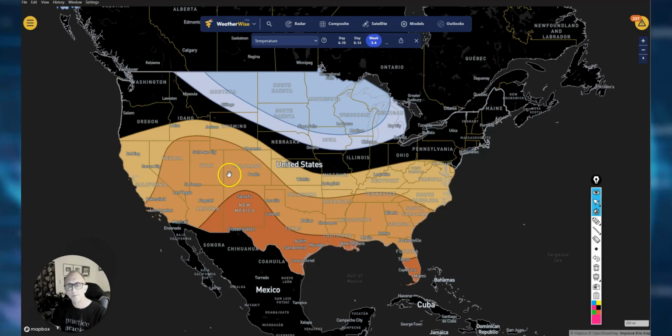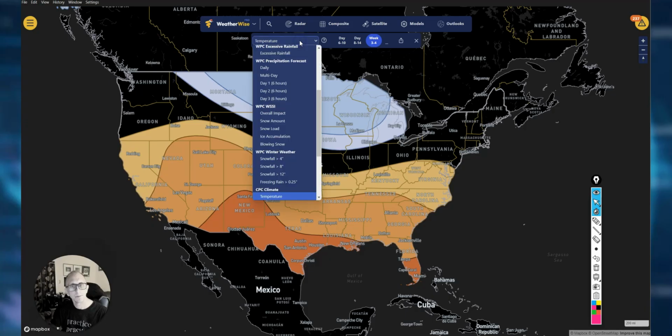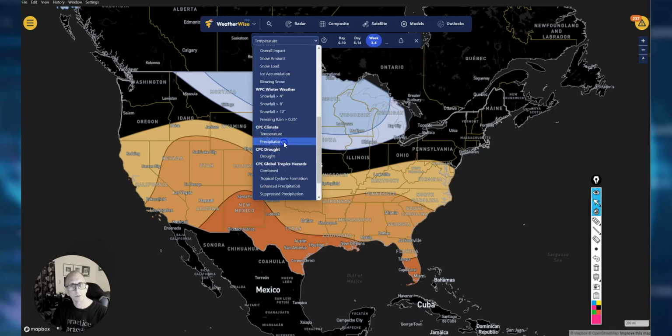And then maybe that trough de-amplifies over the east. You have just possible colder than average temps up north and warmer than average temps in the south. We kind of looked at that with the model runs, but you see it played out here by the Climate Prediction Center as well.